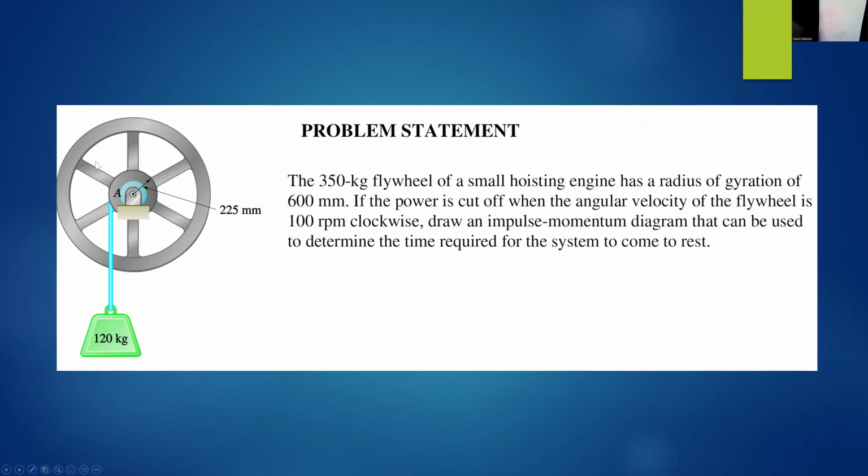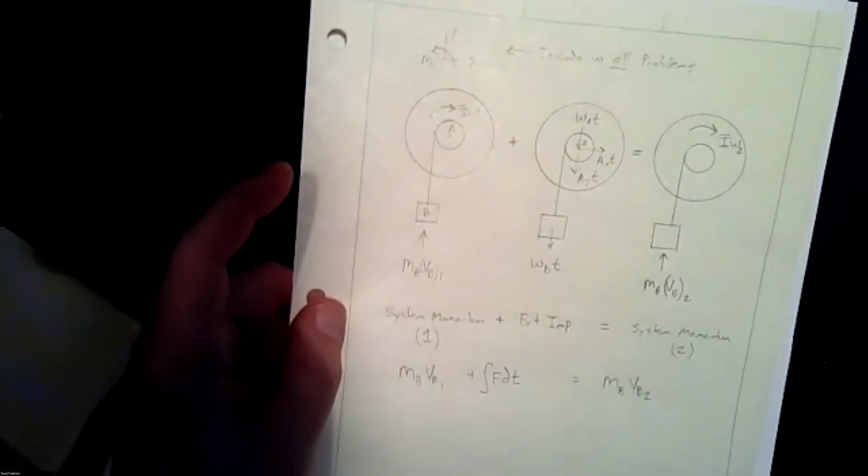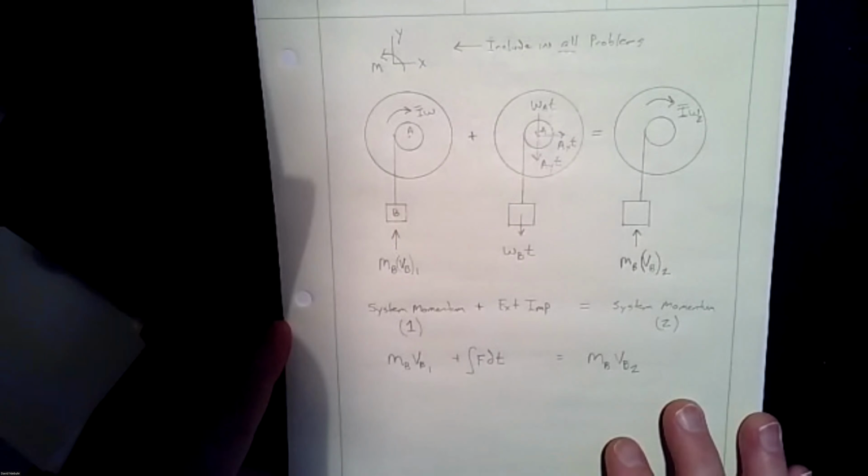You have this wheel that has mass, obviously it's not massless, and the radius of gyration is given, along with some values. This could be an exercise to solve, but we're just going to look at what the free body or impulse momentum diagram looks like.